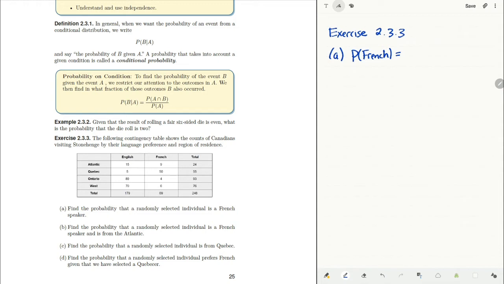To find this probability, and assuming that each individual has an equally likely chance of being selected, we can take the total number of French speakers and divide this by the grand total. From our table, we see that there are 69 individuals that prefer to speak French and a total of 248. So this probability is 69 divided by 248. Now note that this is the same as finding a marginal distribution.